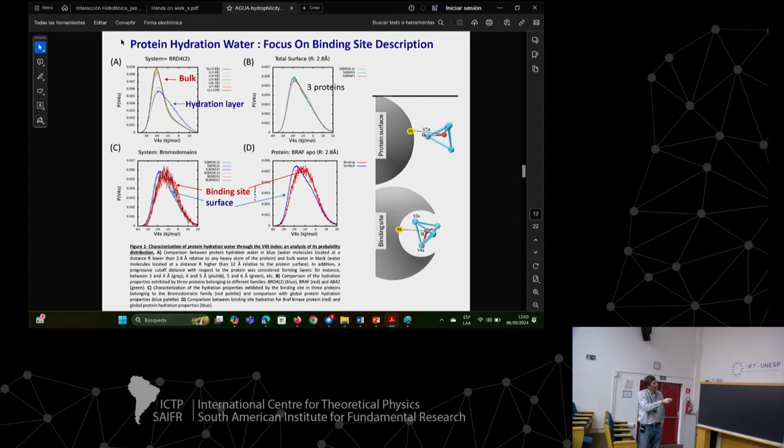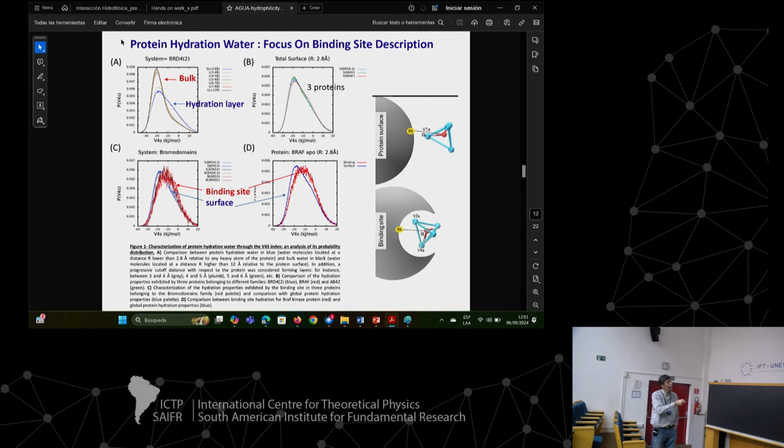When we look at the rest of the surface, it is going to behave similarly to this hydration layer, but at the binding site, you see that it has moved to the left. So you have a higher concentration of high density like molecules at the binding site compared to the surface. And this is what we also get for another protein. The situation is very similar.